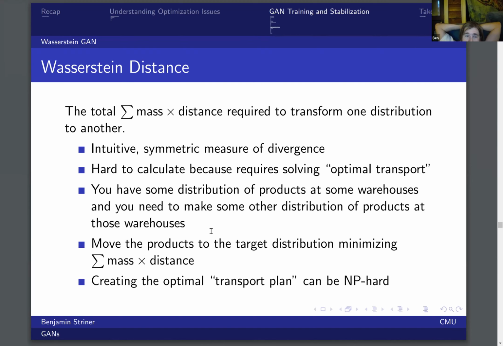It is very hard to calculate, but what the Wasserstein distance basically is, is how far something would have to move to become something else. It can be called the earth mover metric because it's like if you had a pile of sand over here and you wanted to make it into a different pile of sand, how many things would you have to move how far?